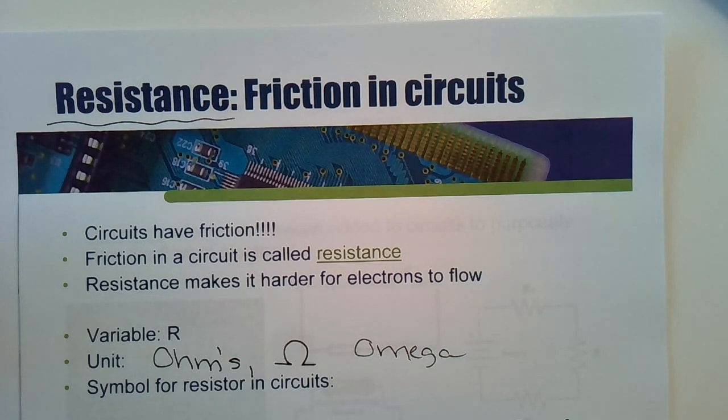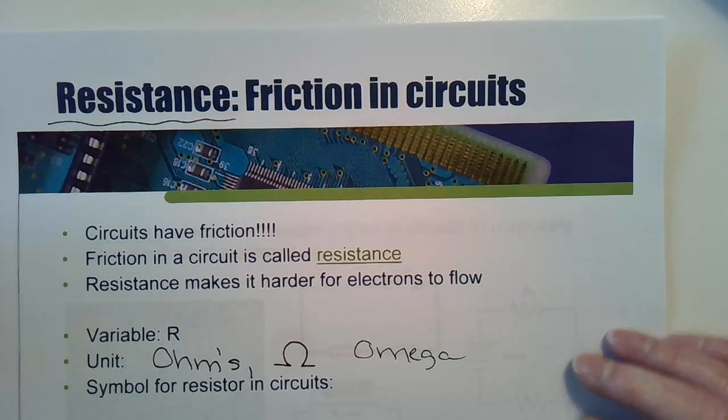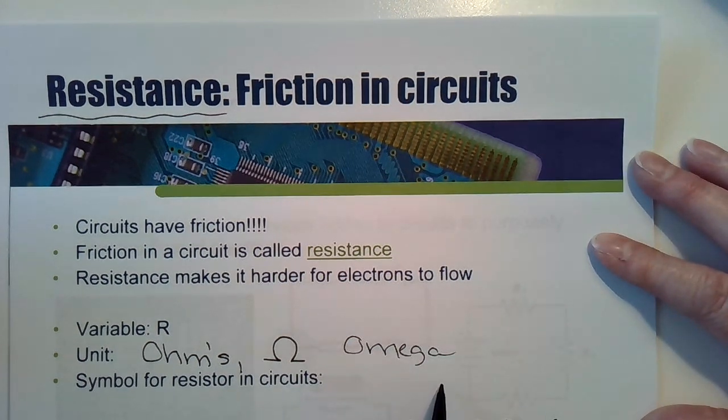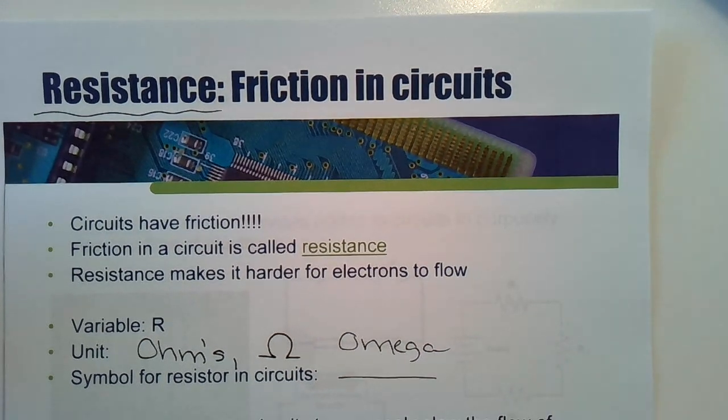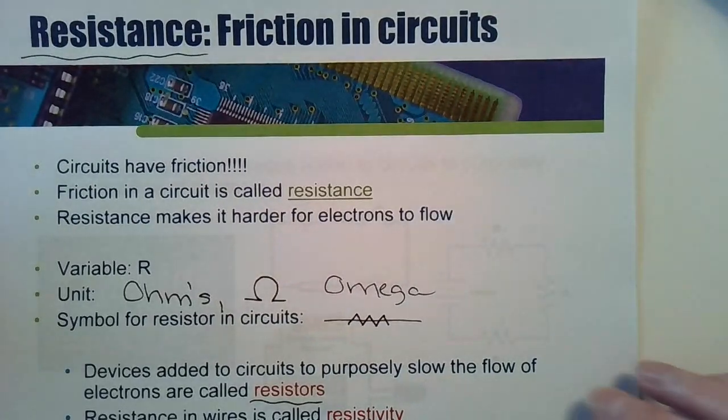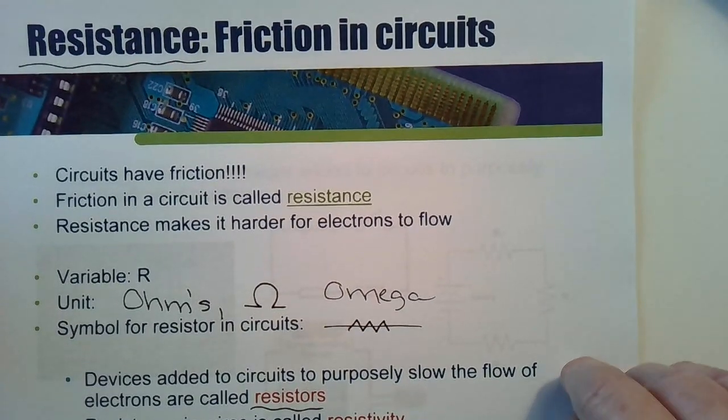So we're going to talk about these other ideas also. I guess the last thing is the symbol for resistor in a circuit. So here's my wire. And if I wanted to add a resistor to my circuit or to show the friction, we draw that by doing a squiggle like this. Kind of looks like 3 pointy triangles. You'll see those in our circuits.